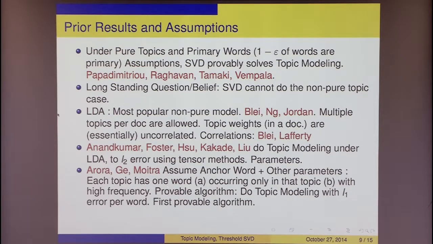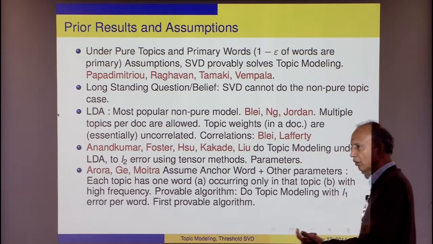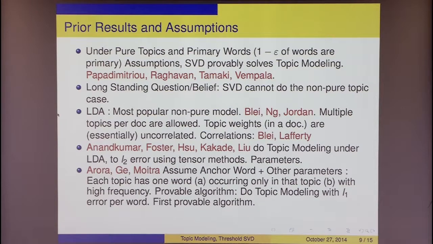Assume that there are what are called anchor words and some other parameters. An anchor word is the following. They assume that each topic has one word occurring only in the topic and occurring with very high frequency. So the word is a telltale sign of that topic. Perhaps for baseball as a topic, the word run is an anchor word.